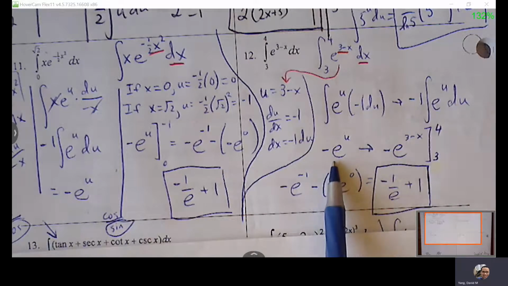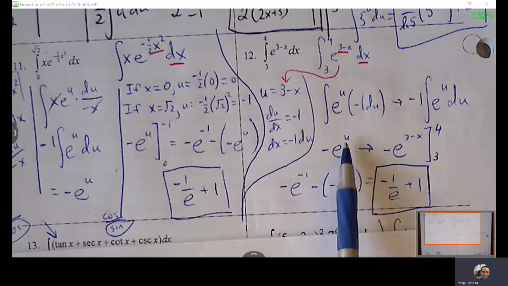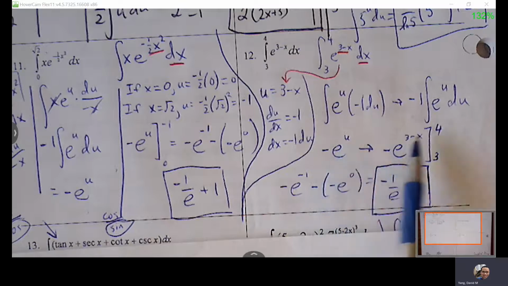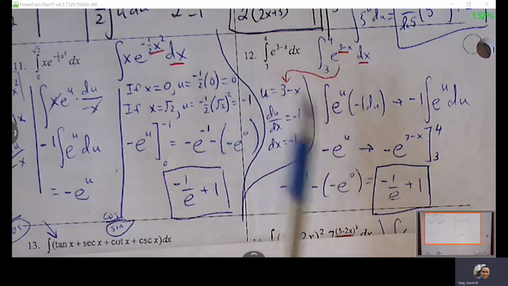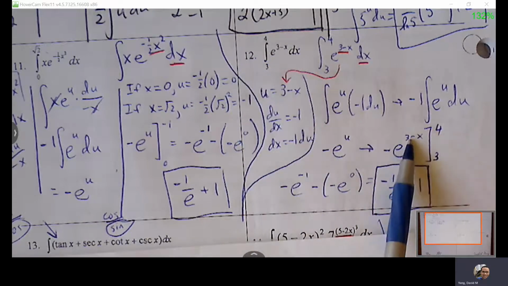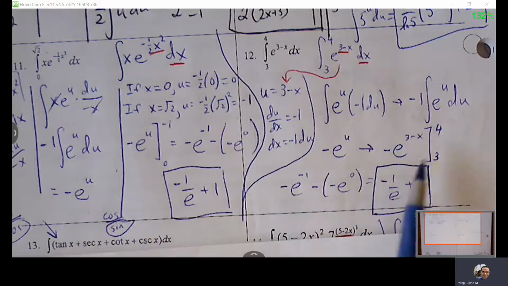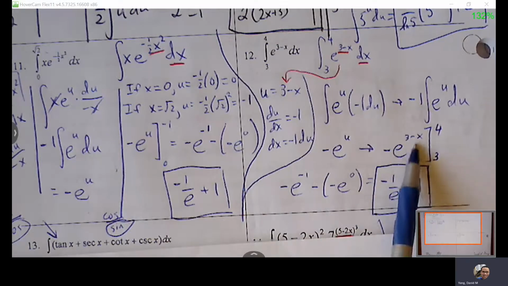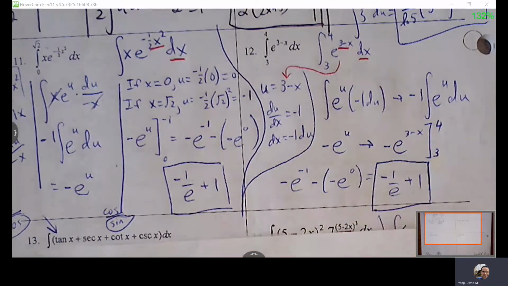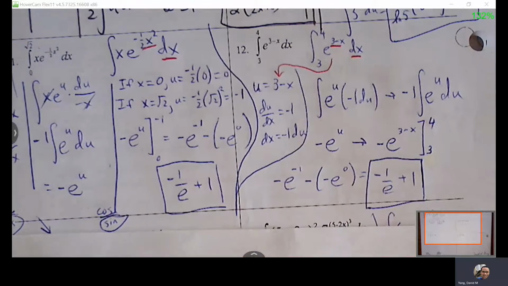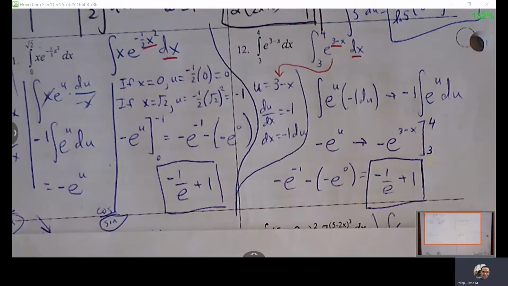But here I just decided that I want to go through my other method. So I'll bring my original variable back, which is 3 minus x. And then I can use my original bounds because now I have a match in terms of variables. So upper bound first, 3 minus 4 is -1, minus, and then plug in my lower bound, which is 0. e to the 0 is 1. So, okay, it's just a coincidence that these are the same answers, but it's a completely different problem.